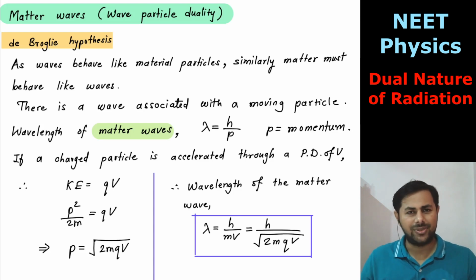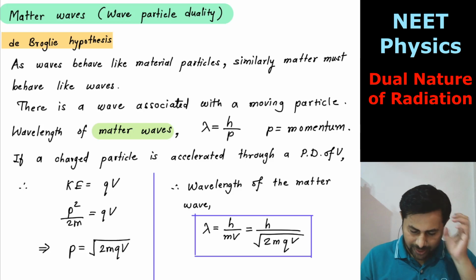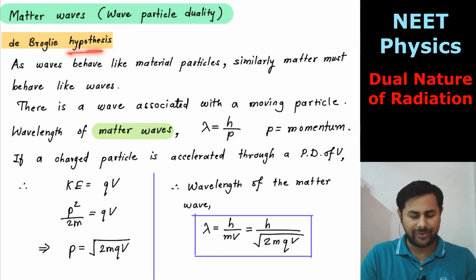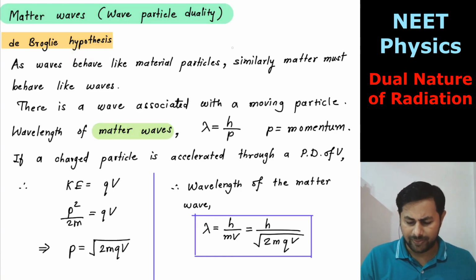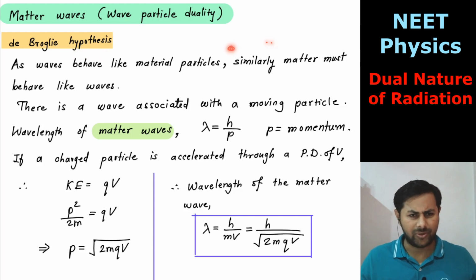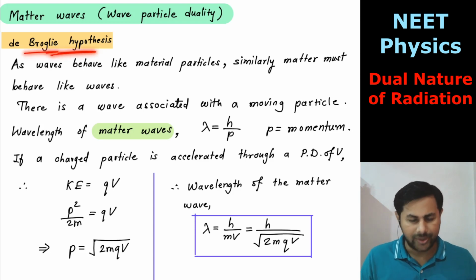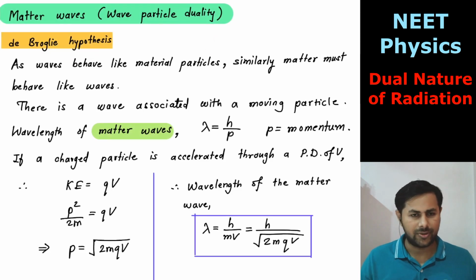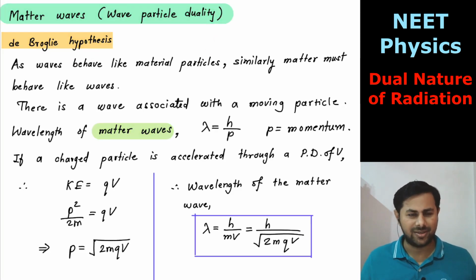So if light can show particle nature, then particles like electrons, whatever particles, also show the wave nature, because nature should be symmetric, there should be no bias.